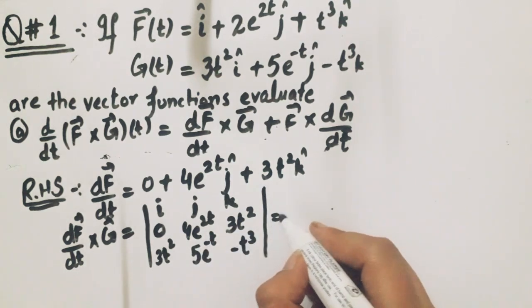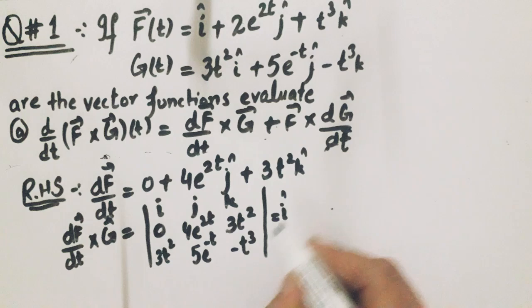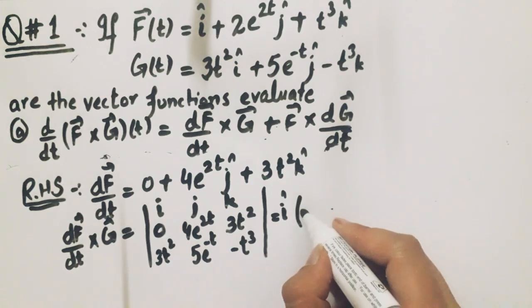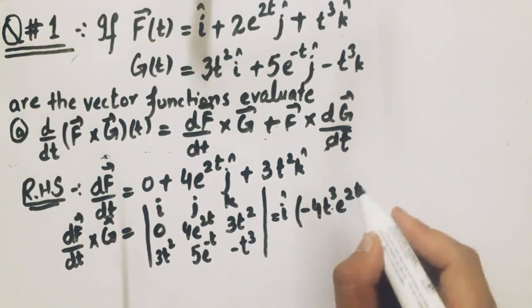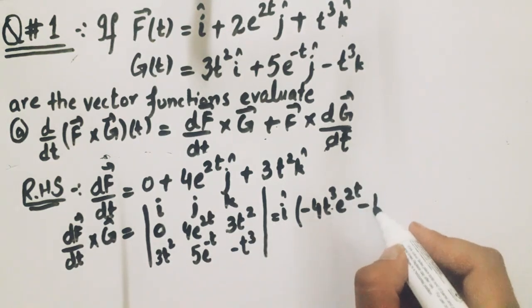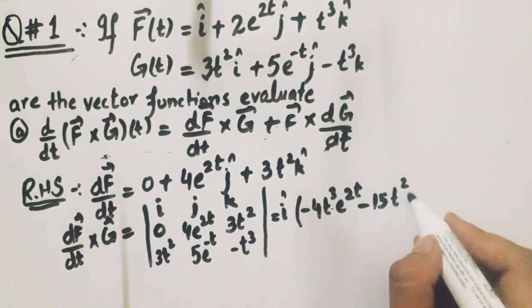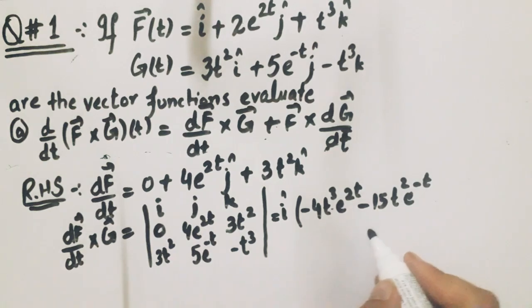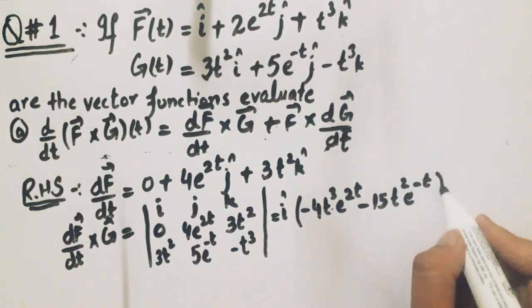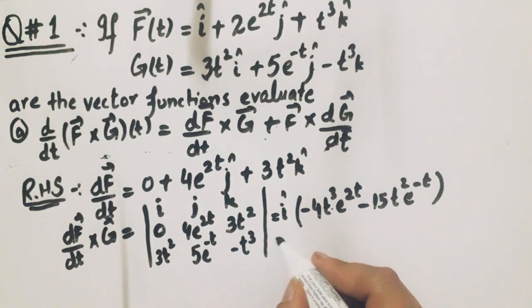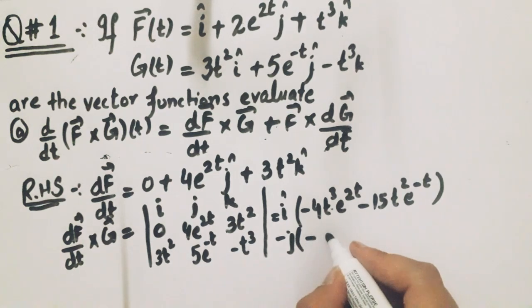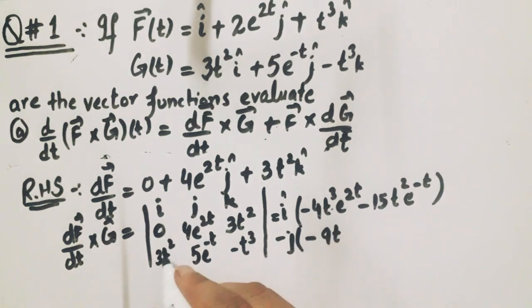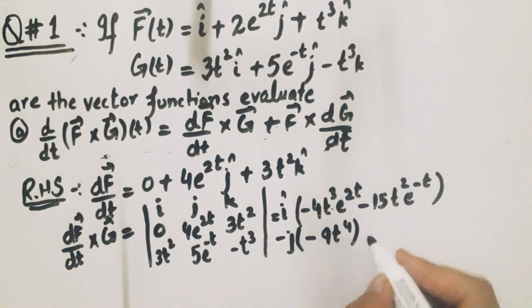Now it will become minus 4t cube e raised to power 2t and minus 15t square e raised to power minus t. Then minus j, it will become 0 and minus 9t square multiply t square is t4.